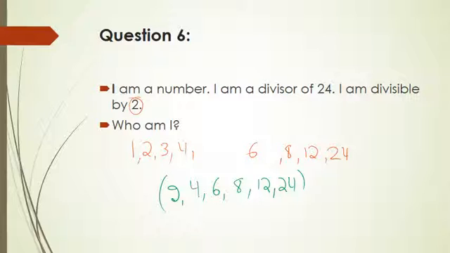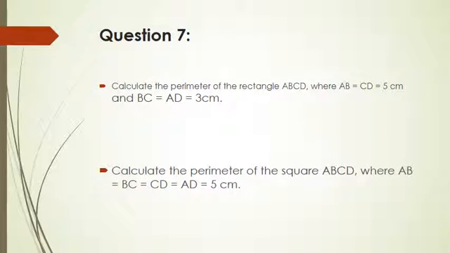Okay, so let us go to question 7. In question 7, I have two parts. The first part, I have to calculate the perimeter of the rectangle ABCD. Who can remind me what's the perimeter of a rectangle? Raise your hands. Nurjan.